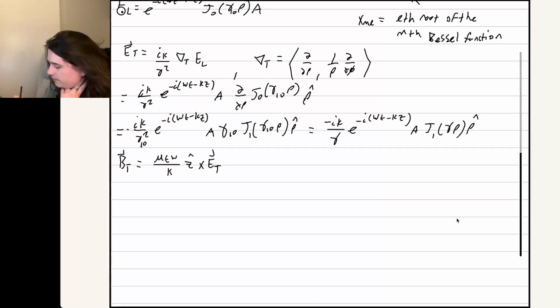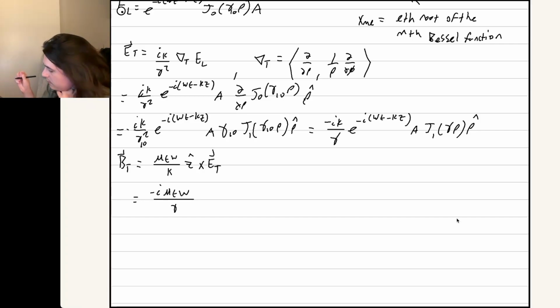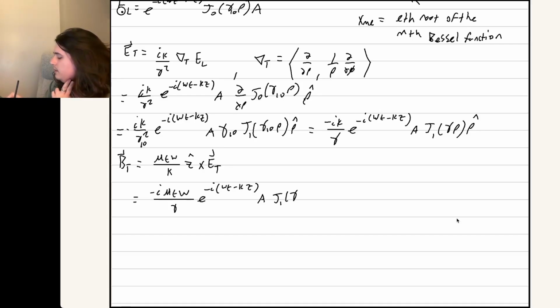So you're just going to end up with minus i mu epsilon omega over gamma 1,0, which is gamma. You'll get your decay piece, e to the minus i omega t minus kz, you'll get your constant A, you'll get your J1 of gamma rho, and it's going to be in the phi hat direction. And there you go. So those are all of your radiation fields.